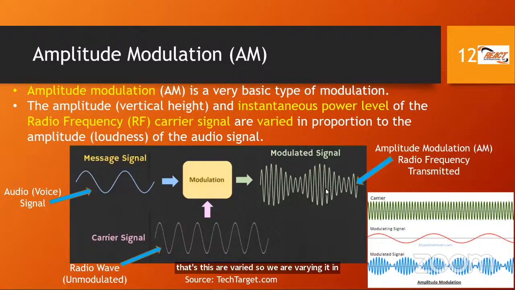So that's why it jumps up and down as the speech is applied. If there's no speech, this will be a nice, smooth sine wave like this. But once you apply the speech, notice the wave starts to move up and down like this. It's varying according to the applied audio. So again, you need to be aware of this for your exam.